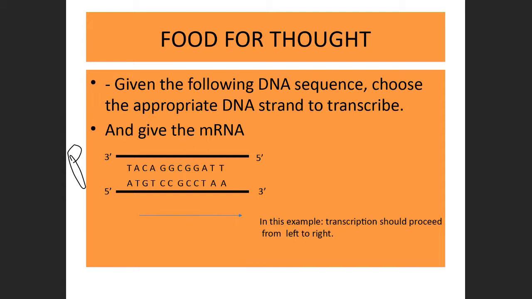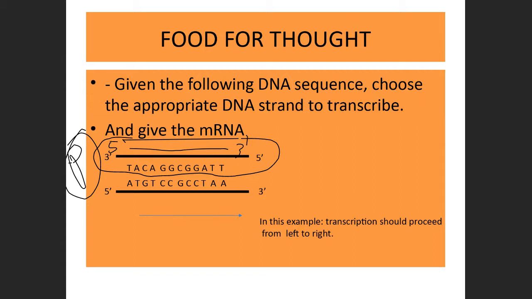So depending on where the promoter is, let me go back to this side. If the promoter is on this side, the DNA template that will be used to transcribe will be this one up here, the one above. That one will allow us to transcribe a 5' to 3' messenger RNA.